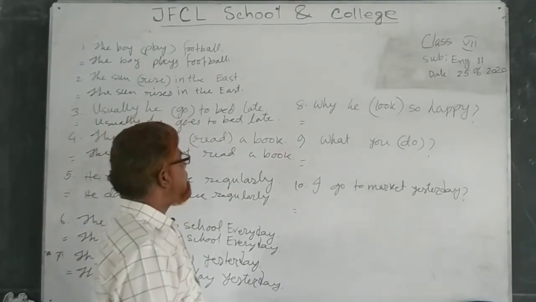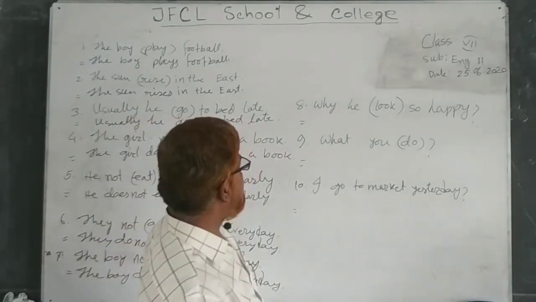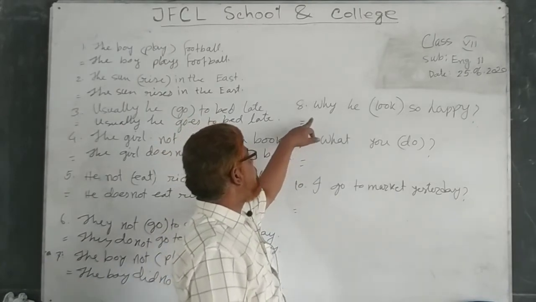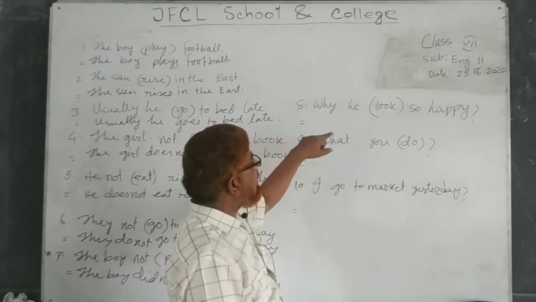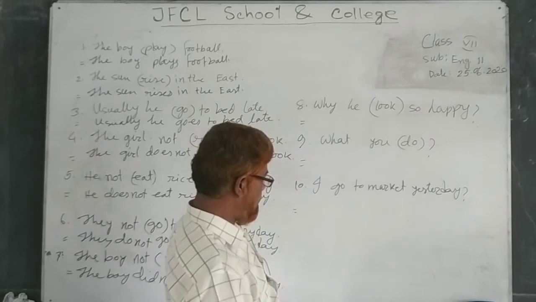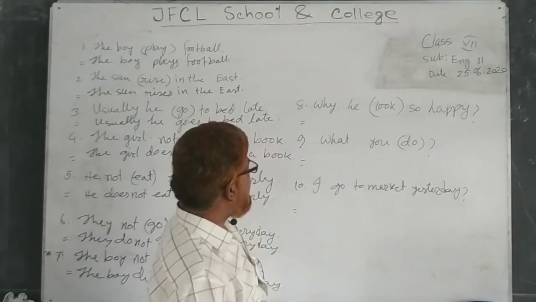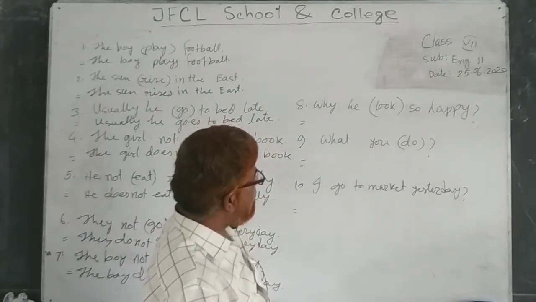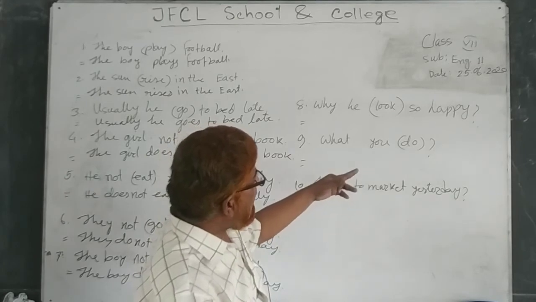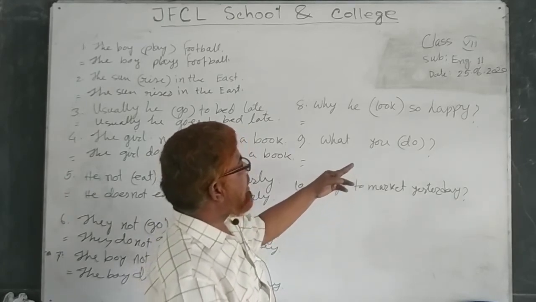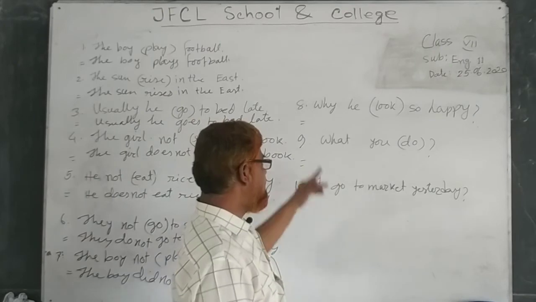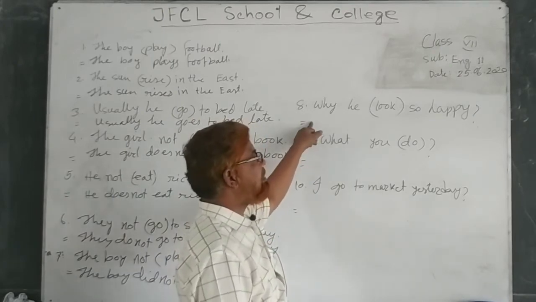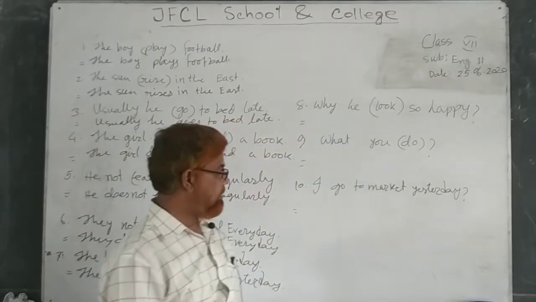Dear students, number 8, why he looks so happy. After the end of the sentence, we can see a sign of interrogation. That means we will have to make it an interrogative sentence.